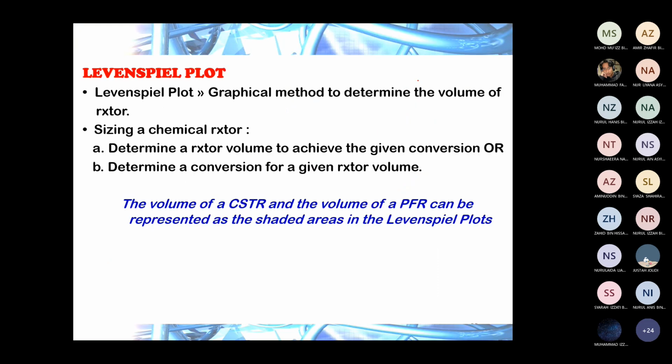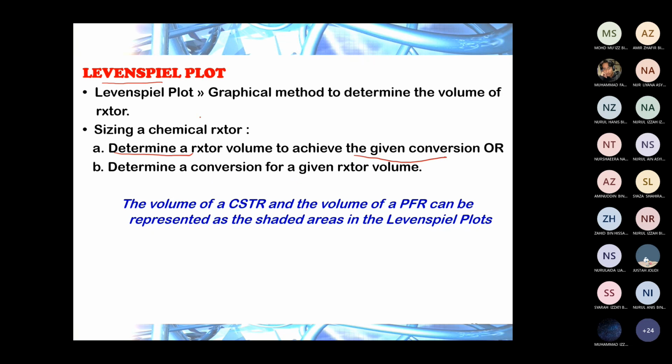So, Levenspiel plot. Part of Fogler's book, you can also refer to Levenspiel, but Levenspiel is a bit more complicated and very detailed. Levenspiel plot is a graphical method to determine the volume of a reactor. Sizing a chemical reactor is to determine a reactor volume to achieve a given conversion, or determine a conversion for a given reactor volume.